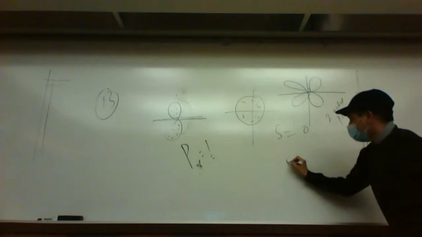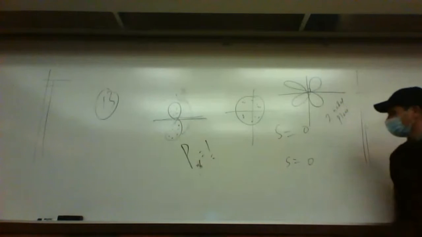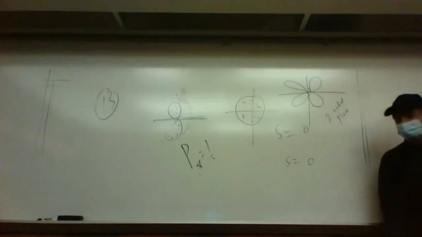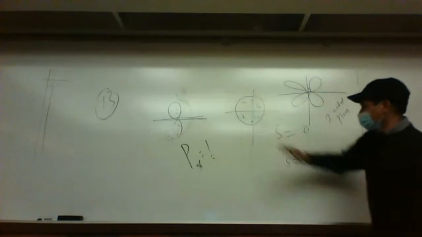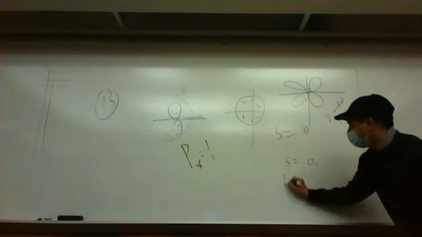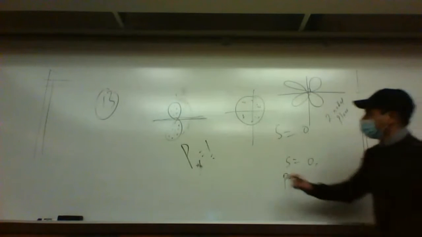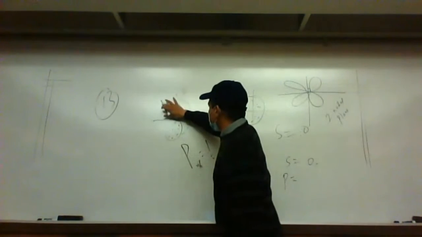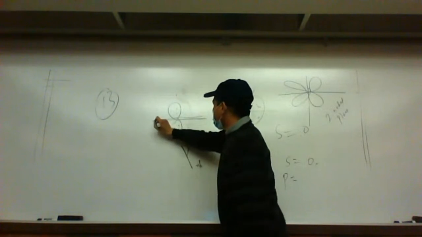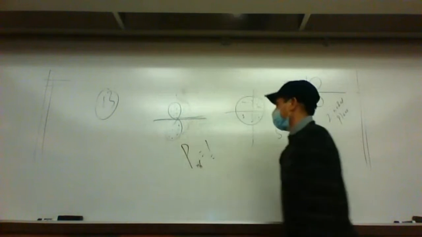So if you see the S, there are 0 nodal planes, meaning that you can find the electron everywhere in that orbital. For the P, nodal plane is 1. You can find the electron everywhere here and here, but along this plane you can't find the electron.